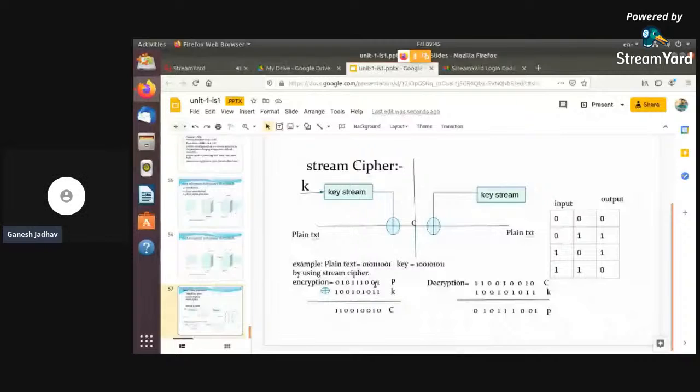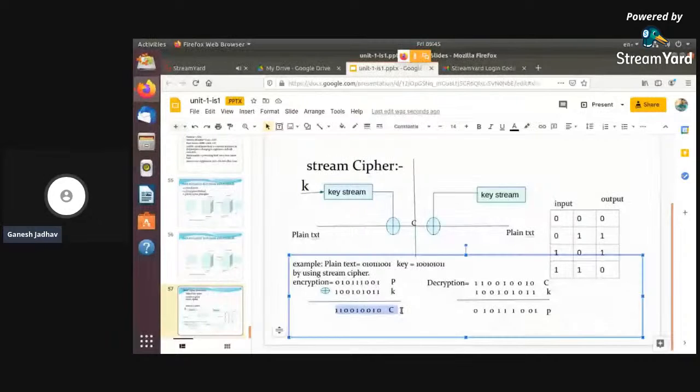Then what is your next process? Your next process is decryption, so you can check whether you get the actual plain text or not. In decryption, what is required? The ciphertext.